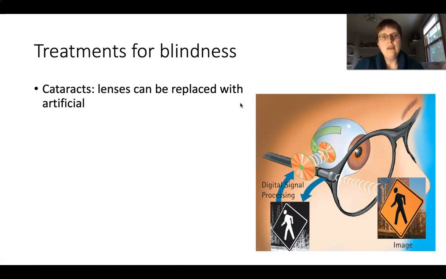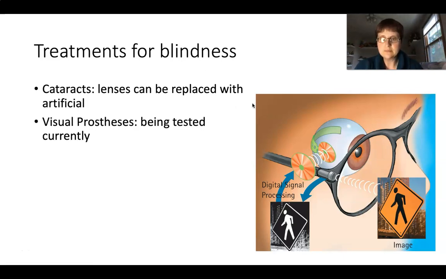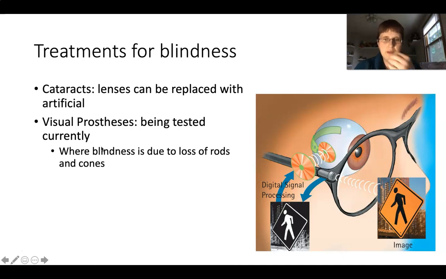For individuals whose vision loss is very severe to completely blind, there is something being tested, which is really neat, and that is what we call visual prosthesis. They are currently being tested, and hopefully in the near future we'll see these more widely used. This is only going to work where the blindness is due to loss of rods and cones.